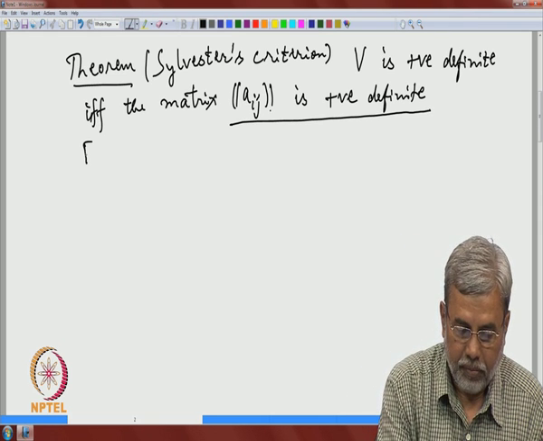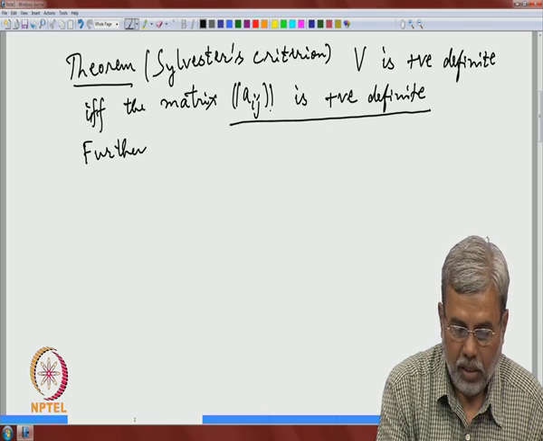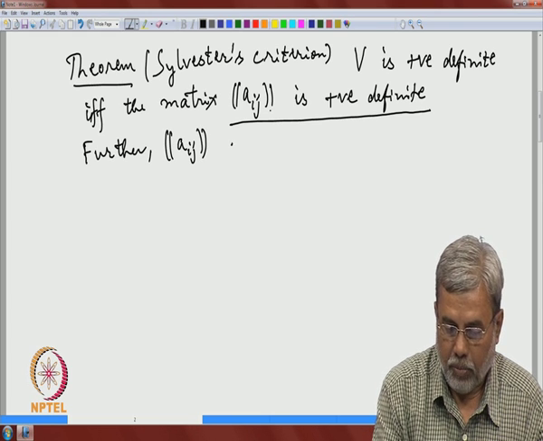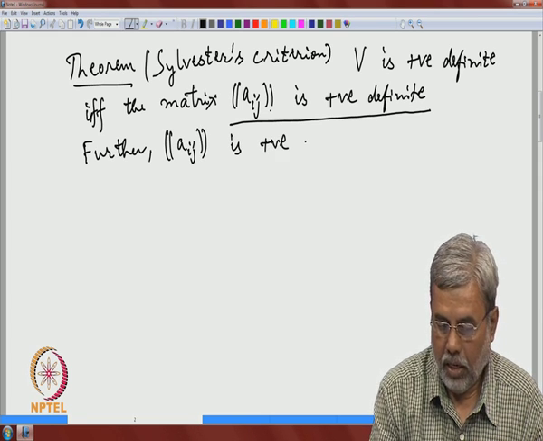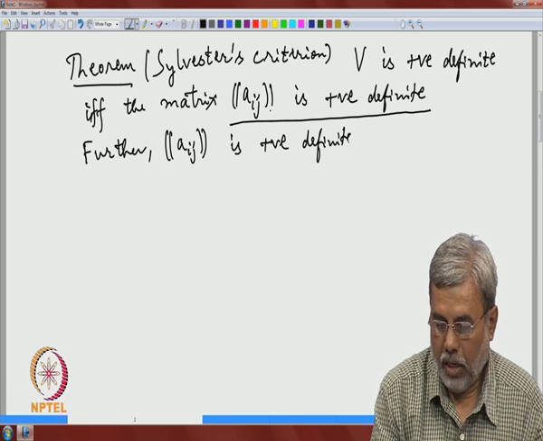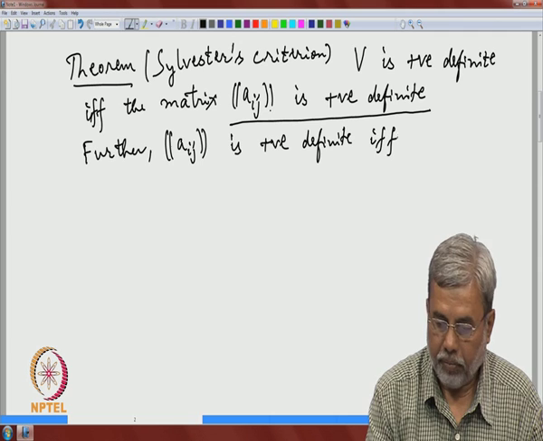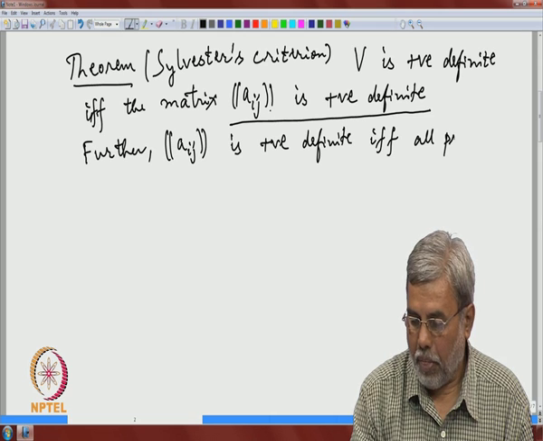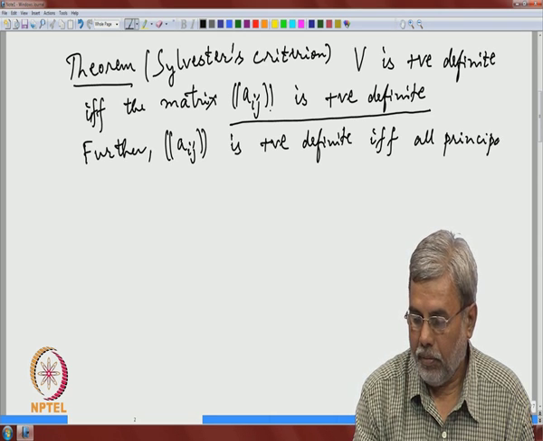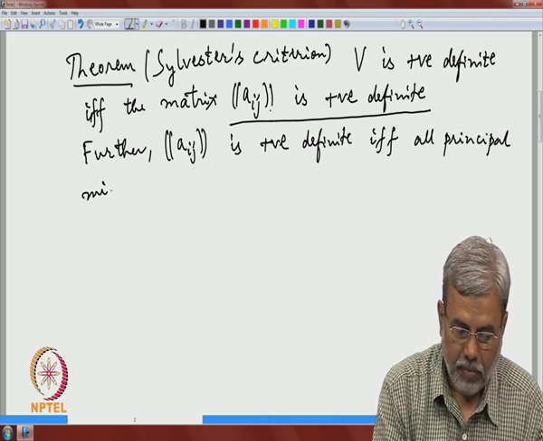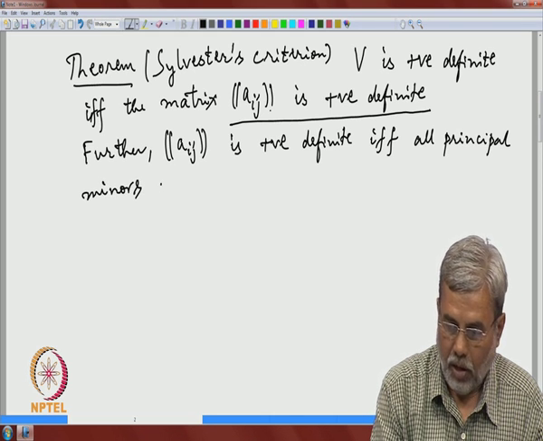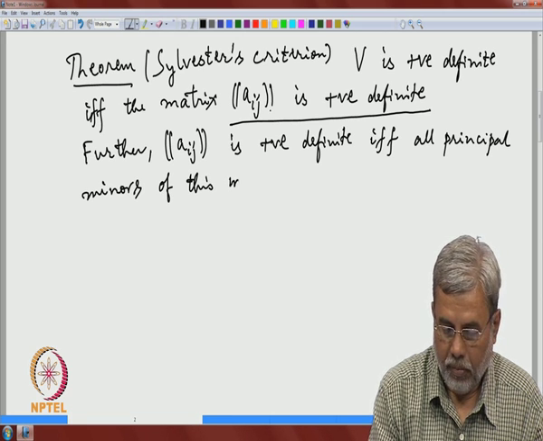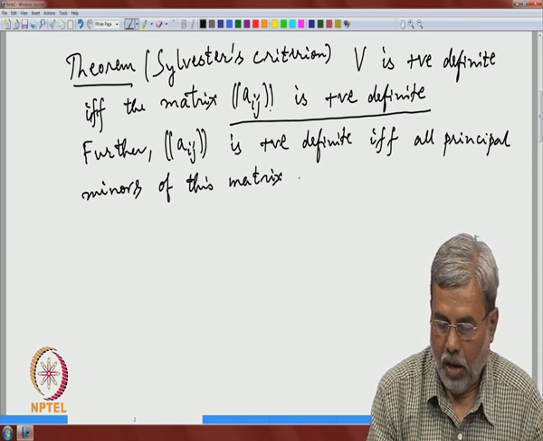Further, the matrix A_ij is positive definite if and only if all the principal minors of this matrix are positive.